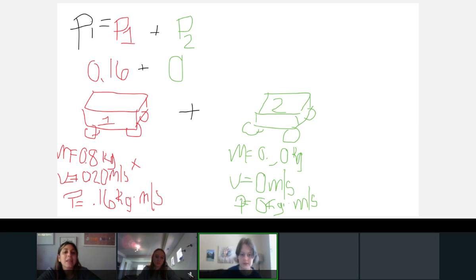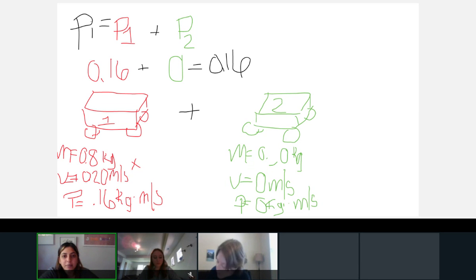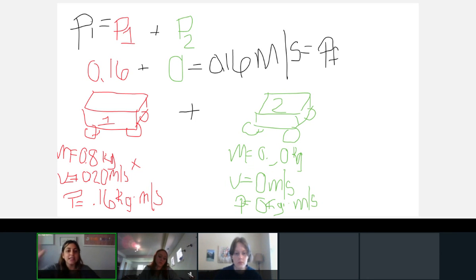The first wagon. Right, exactly. And so we have this initial momentum of 0.16 meters per second. And this is also going to be the same as the final momentum. Remember that there needs to be the same amount of momentum before and after the collision, the conservation of momentum.